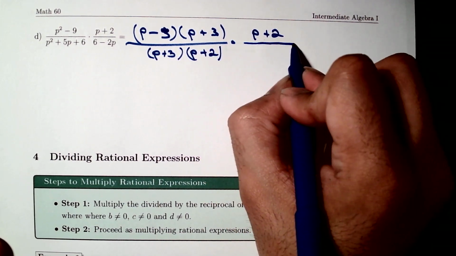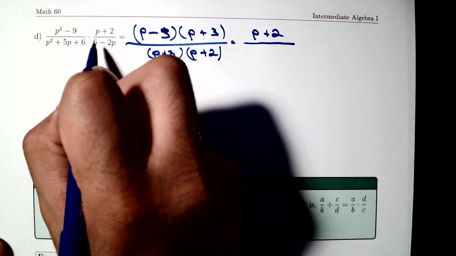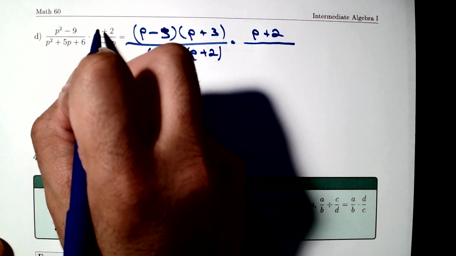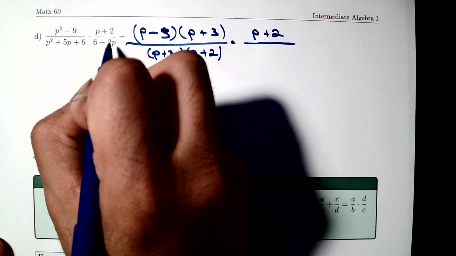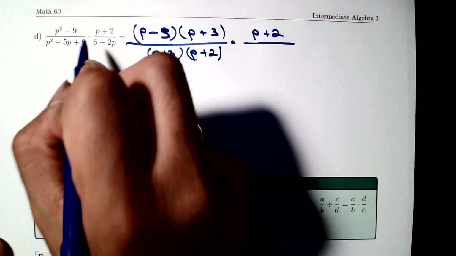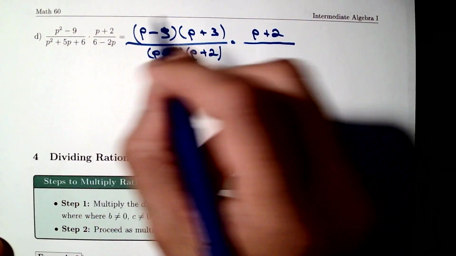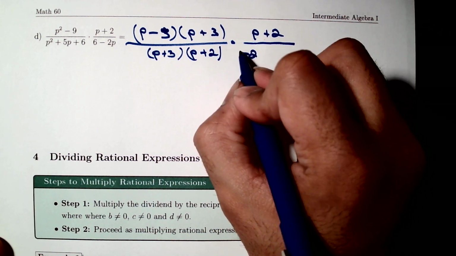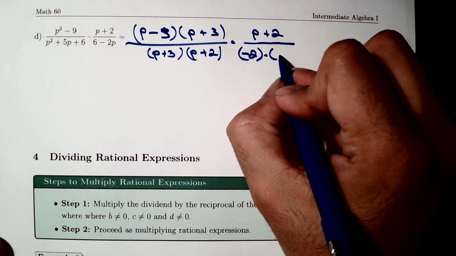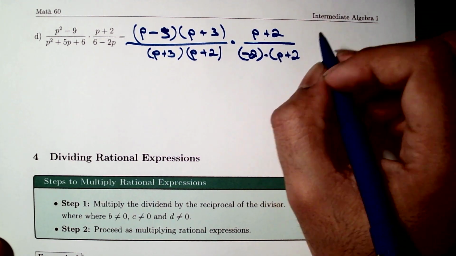But in the denominator, be very careful. Look at the order of the terms. We always want the variables first and then the constant terms. Now we need to do the same here. We need to move this over here. So what I'm going to do, I'm going to factor the GCF along with the sign, in this case negative 2, times p plus 3.